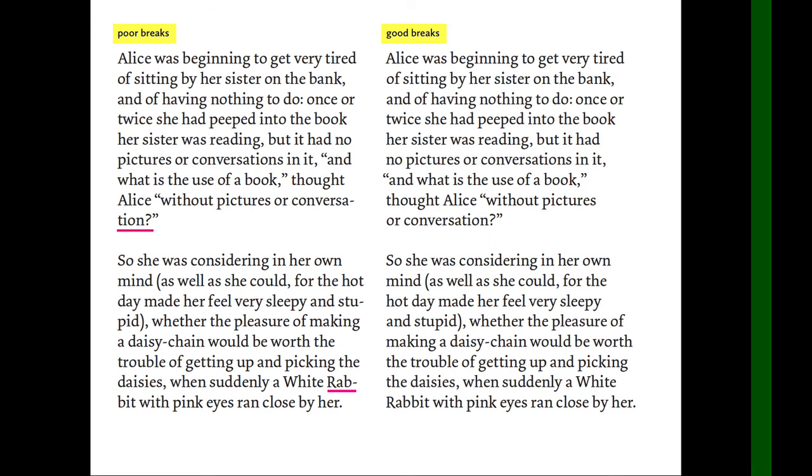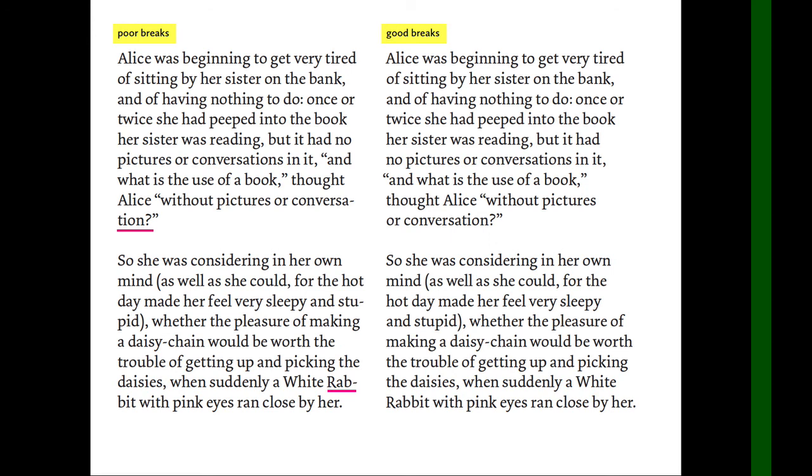So, fixing these things. On the right, we have better breaks. In the first paragraph, I brought down several lines. You can see the first 4 lines are the same, but once we get to the 5th line, on the left it ends with "but it had no." On the right, I brought down the word no, so "no pictures or conversations in it."